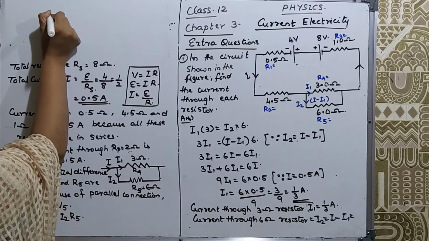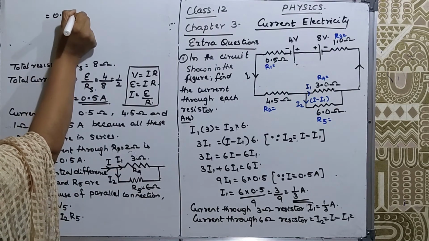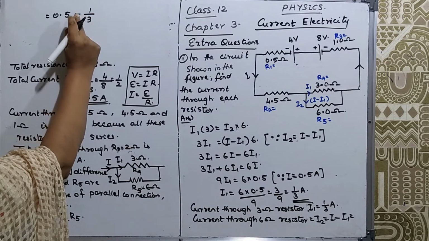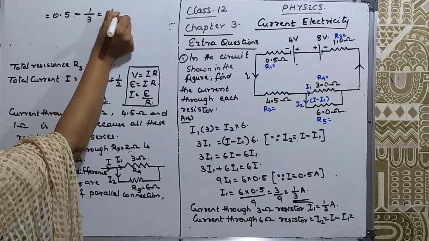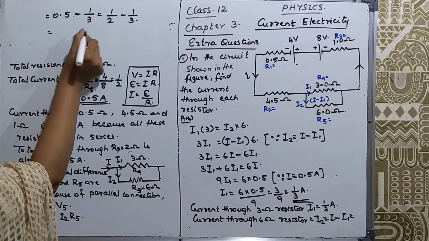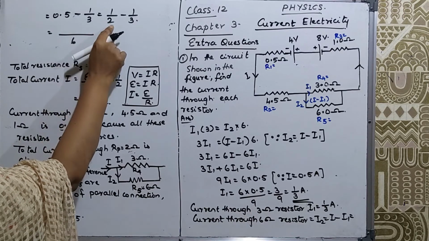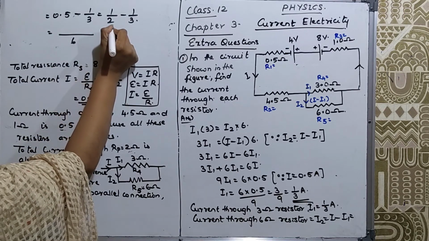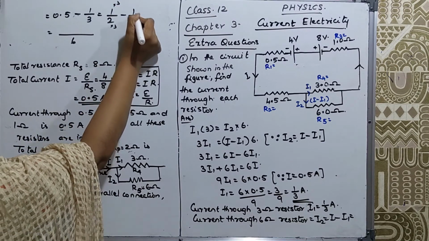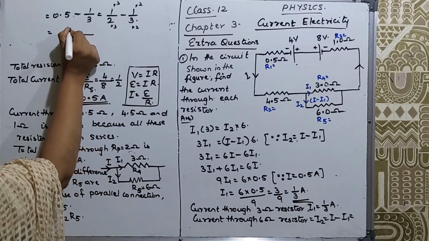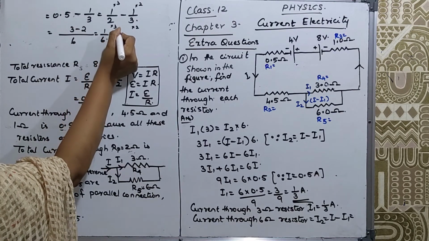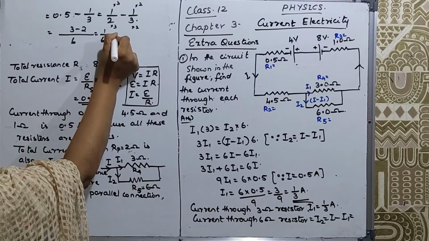I is 0.5 ampere minus I1, which is 1 by 3. 0.5 we can write as half, so half minus 1 by 3. When you take the LCM of 2 and 3, it will be 6. So it will become 3 minus 2 by 6, which is equal to 1 by 6. The unit of current is ampere.